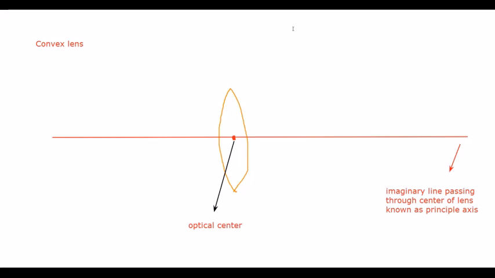Then what happens when the light is passing through a convex lens? This light first bends towards the normal and then further bends away from the normal. So these light rays converge at one point, meaning they meet at one point.